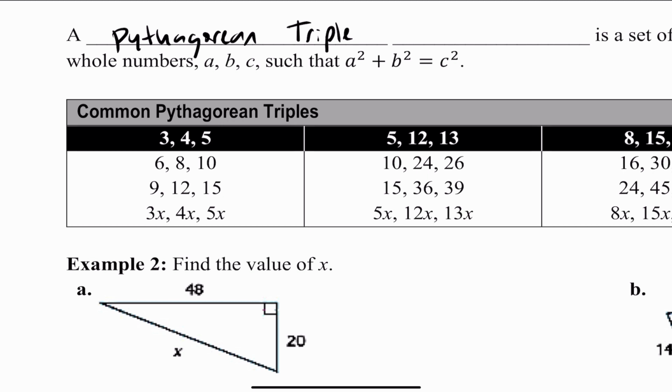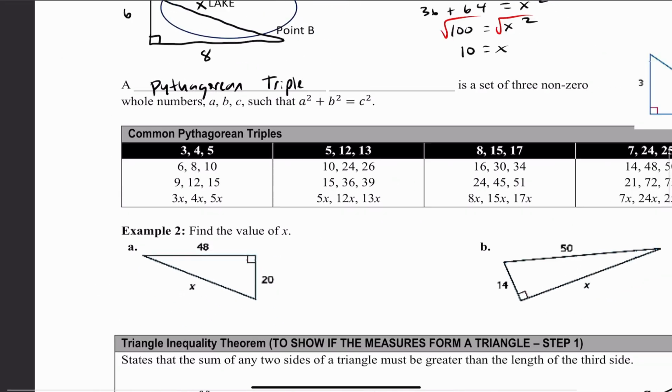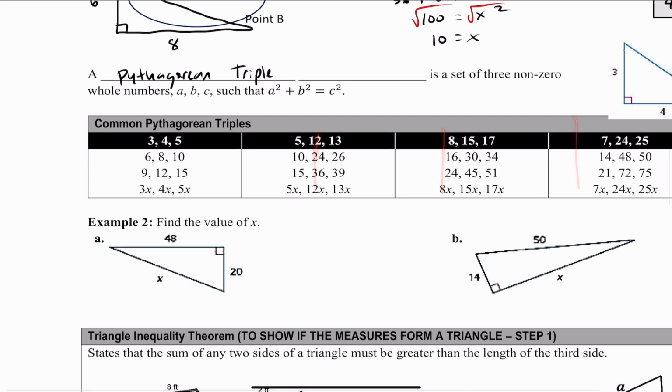So the rule here is I do 3 times whatever x, 4 times whatever x, and 5 times whatever x. You're going to get a result where the left-hand side is equal to the right-hand side. And that should apply to these examples over here.